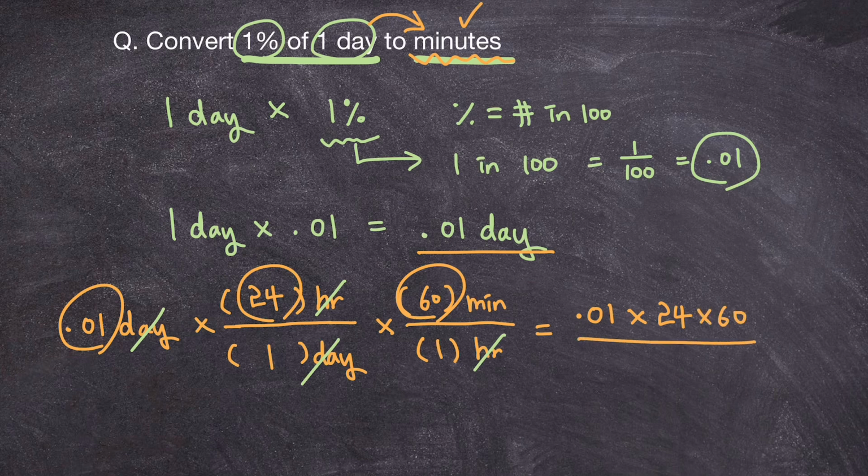And in my denominator, I have 1 times 1, which is basically 1. And I'll have unit of minutes. And all there is left is simple mathematics. And I'm gonna multiply 0.01 with 24 and 60.